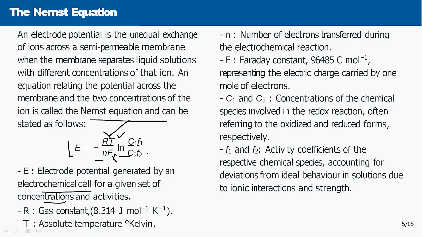C1 and C2 are the concentrations of the chemical species involved in the redox reaction, because we know that at the electrode we have both an oxidation process and a reduction process going on, and F1 and F2 are the activity coefficients of the respective chemical species. So using this Nernst equation we can calculate the electrode potential generated by the electrochemical cell.